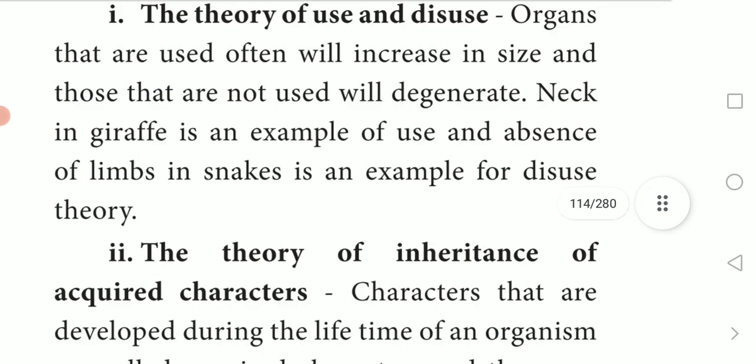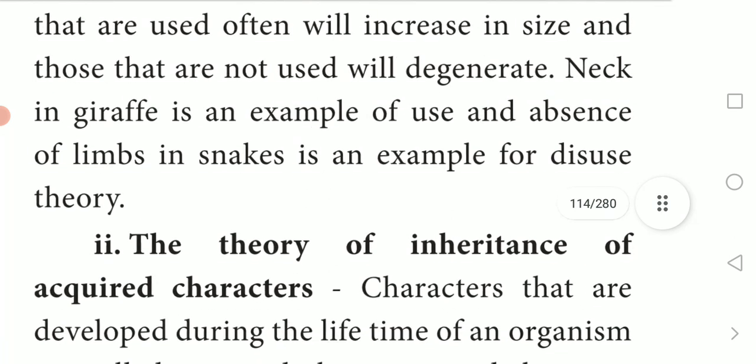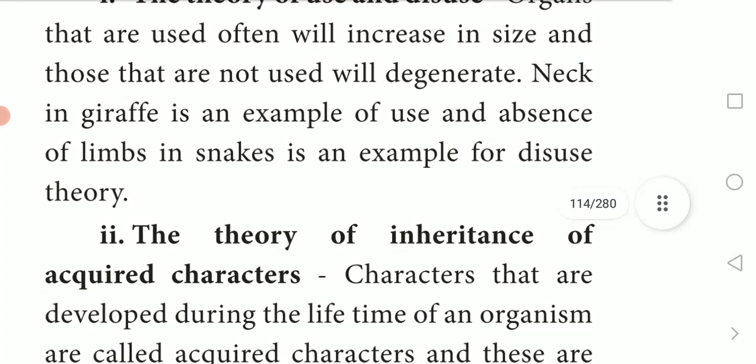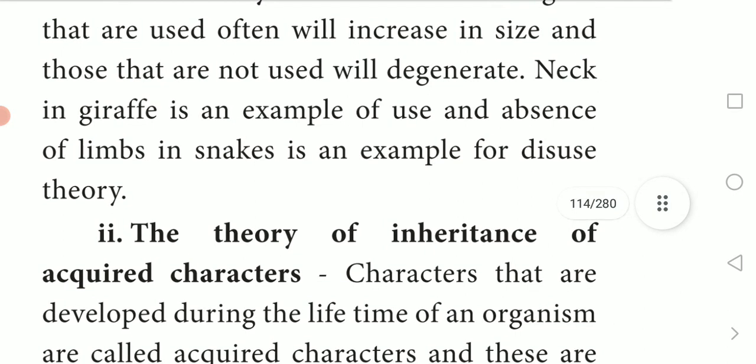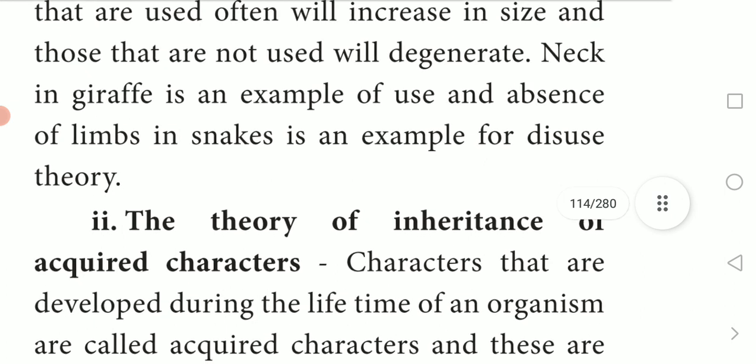He has framed two principles. Those principles are called the Lamarckian theory. The first is the theory of use and disuse. Organs that are used often will increase in size, and those that are not used will degenerate.